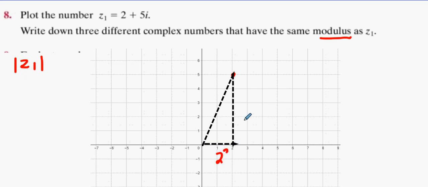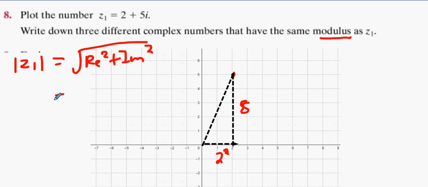It's just going to be 2 squared and 5 squared. Now, for all complex numbers, it's the real part squared plus the imaginary part squared. So what's the real part? Anybody? 2. What's the imaginary part? 5, just the 5. Not 5i, just the 5. In the same way you do Pythagoras' theorem, isn't it?